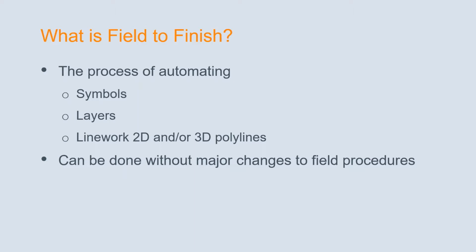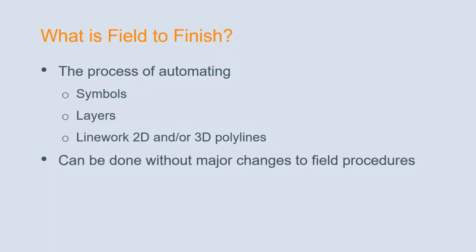So a lot of times what happens is people end up needing to draw 2D line work for drafting purposes, so that looks correct on their plats, and 3D line work for break lines in their surfaces.